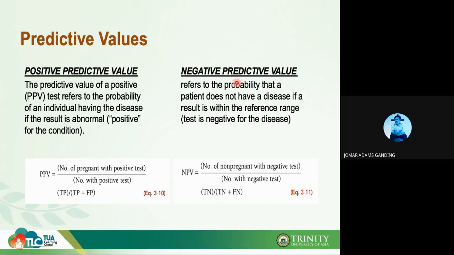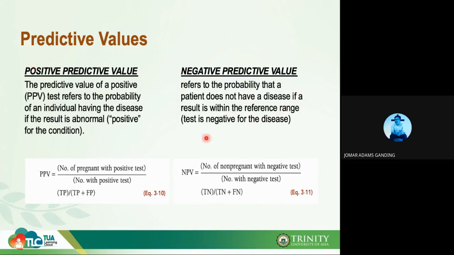So positive predictive value refers to the probability of an individual having the disease if the result was actually positive. So how sure are we? That is the answer of your predictive value. How sure are we that they are positive? How sure are we that they are negative? So this is the predictive value.